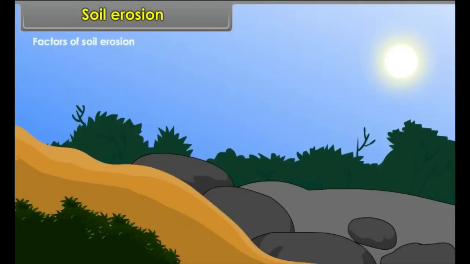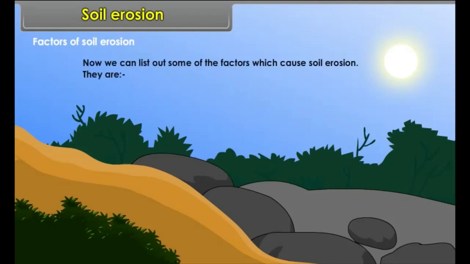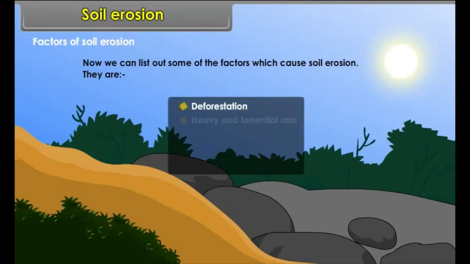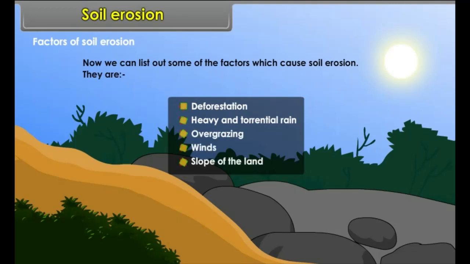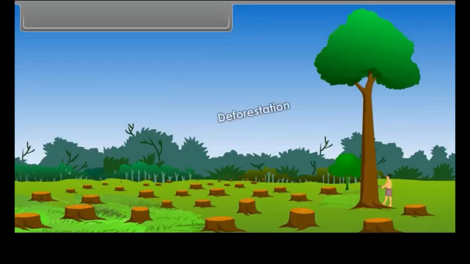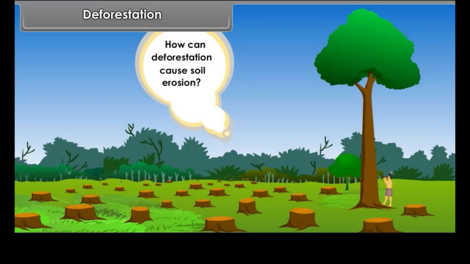Factors of soil erosion. Now, we can list out some of the factors which cause soil erosion. They are deforestation, heavy and torrential rain, overgrazing, winds, and slope of the land. Deforestation. How can deforestation cause soil erosion?